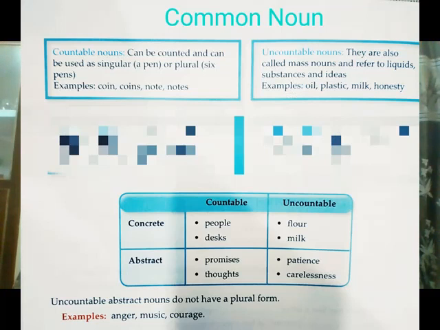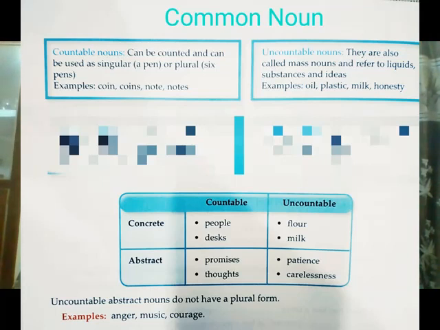In the chart, you can see that a common noun is divided into a countable noun and an uncountable noun. Then further you can see that countable noun is divided into a concrete noun and an abstract noun.